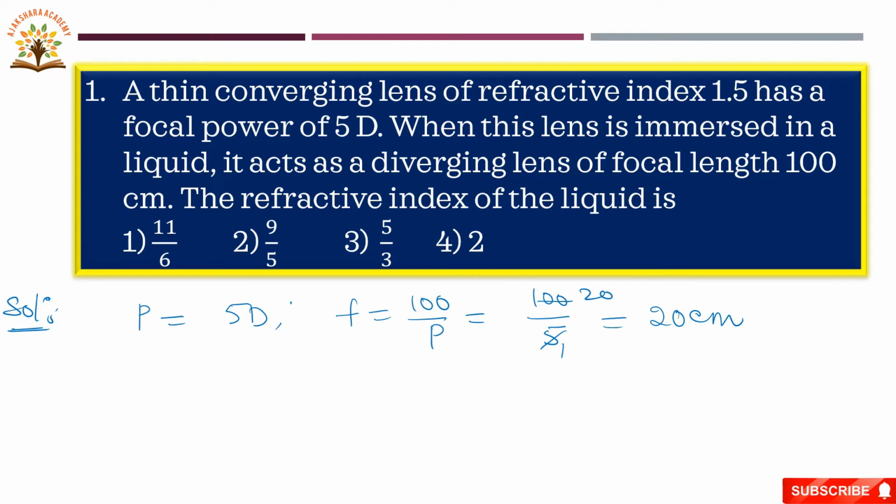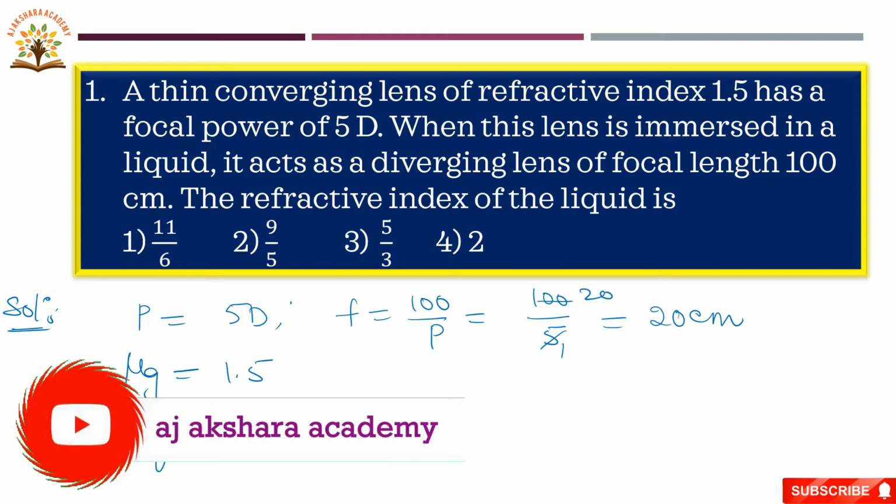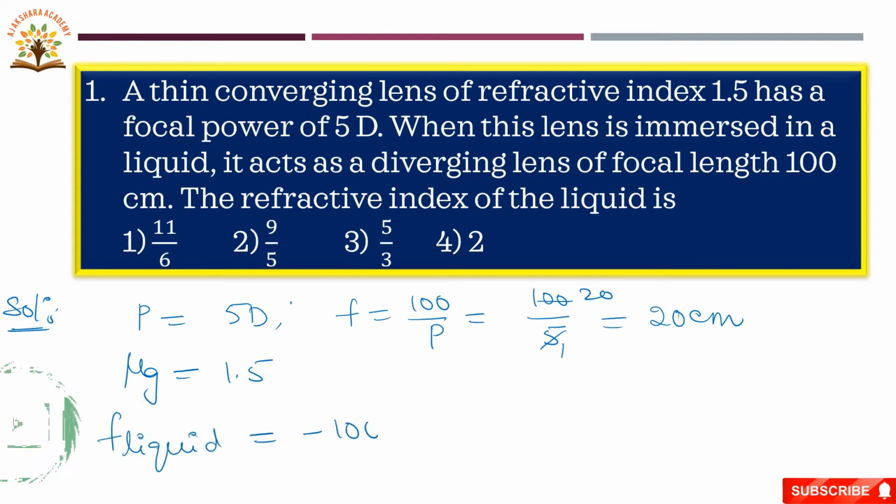Focal length is equal to 20 centimeter. And given refractive index of glass is 1.5. So liquid focal length is equal to minus 100 centimeters. Now we have to calculate the refractive index of the liquid.